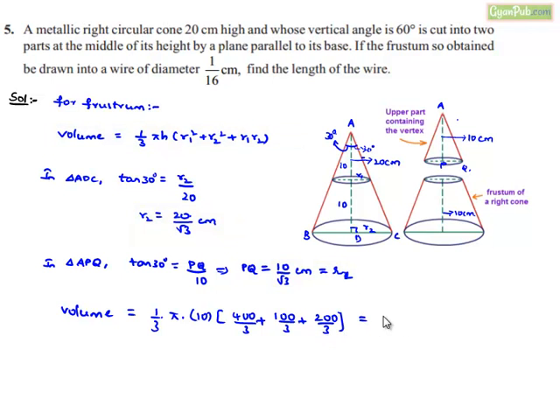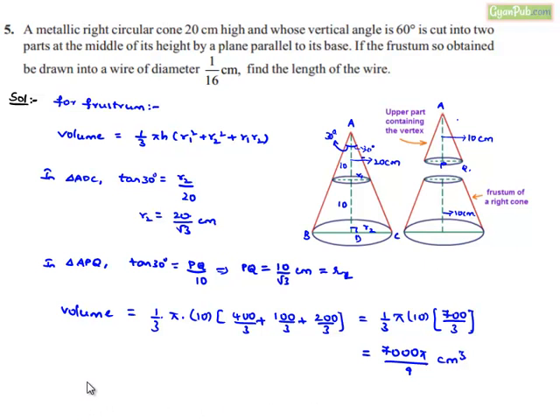Now we get 1/3 of pi into 10 into 400 plus 100 plus 200 is 700 by 3, which is equal to, if we multiply this, 7000 pi by 9 centimeter cube. This is the volume of the frustum.